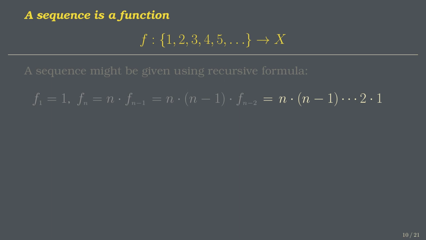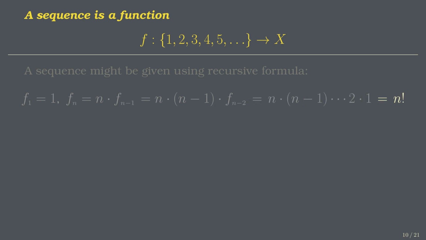It is the product of the first n positive integers, and this product is very important, and we come across this very frequently. Then we give it a specific symbol for this. That is called the factorial symbol, n factorial. And when you say n factorial, you mean the product of the first n positive integers.